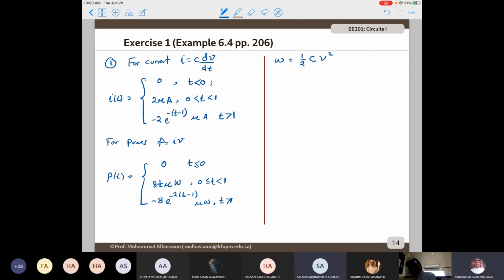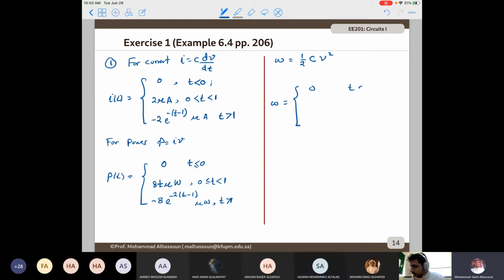So C is half also, and V in the first one is 0, and in the second one is 4t. So V square is 16 t square.